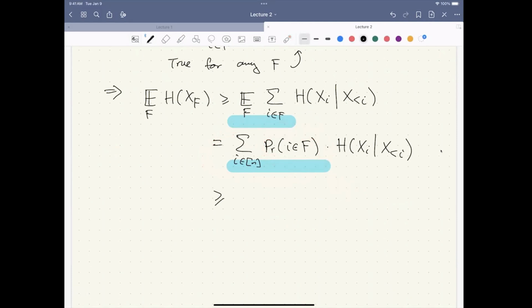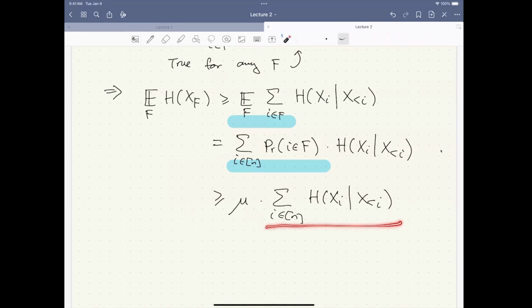So this is at least mu times the sum over i in [n] of h of x_i given x less than i. Lo and behold, what's this guy? This guy, by chain rule, is precisely the joint entropy of x_1 to x_n.